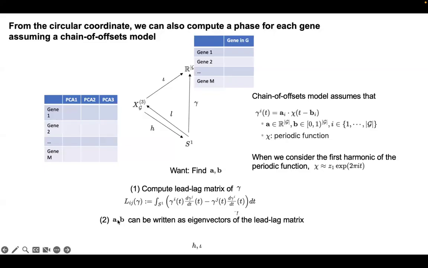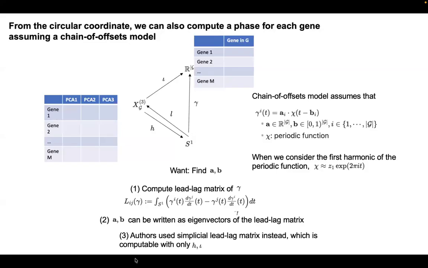In the appendix, there is a theorem that A and B can be written in closed form with eigenvectors of the lead-lag matrix. So by solving a linear algebra problem, we can get A and B. But the problem is that we need such an L to define the lead-lag matrix.